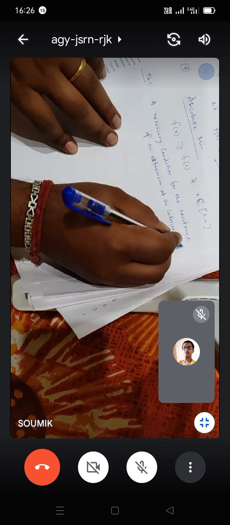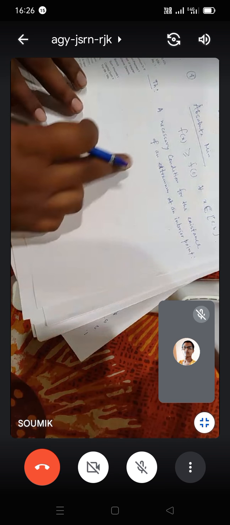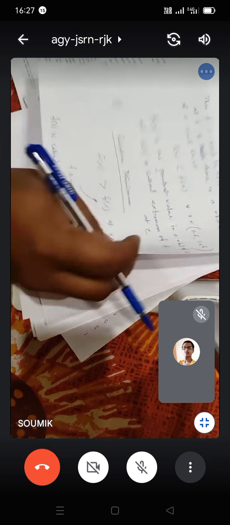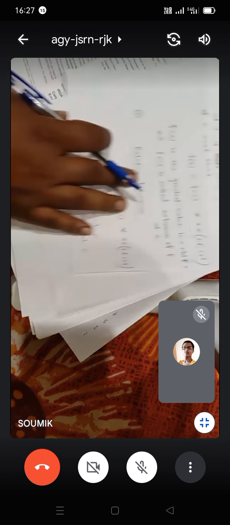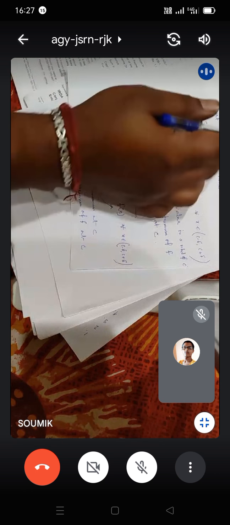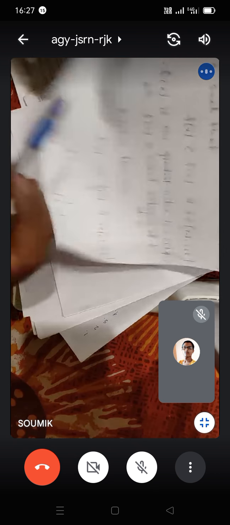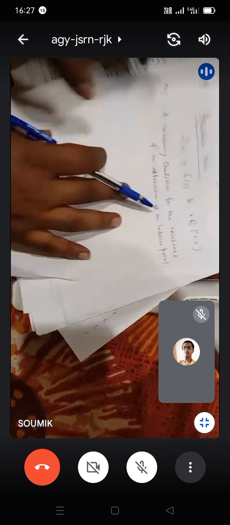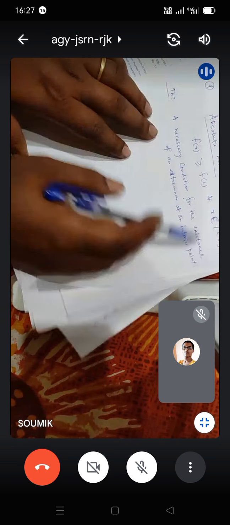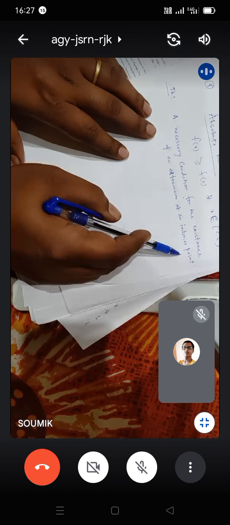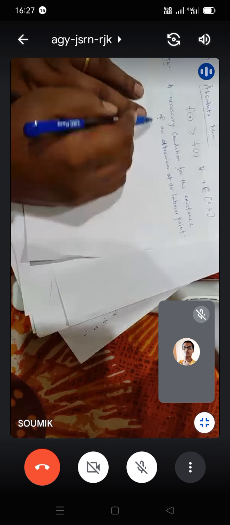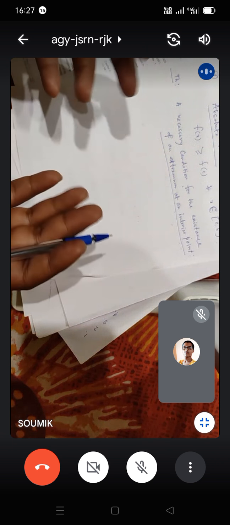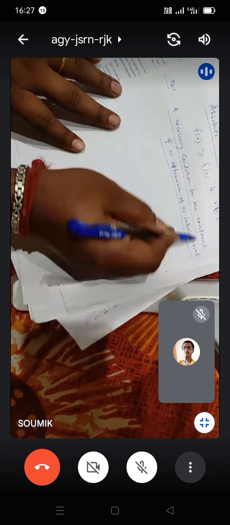Extremum means, we call it extremum if f(c) is relative maximum or relative minimum, then it is called the extremum of f at c. So this theorem is a necessary condition for the existence of an extremum at an interior point, meaning relative maximum or relative minimum.